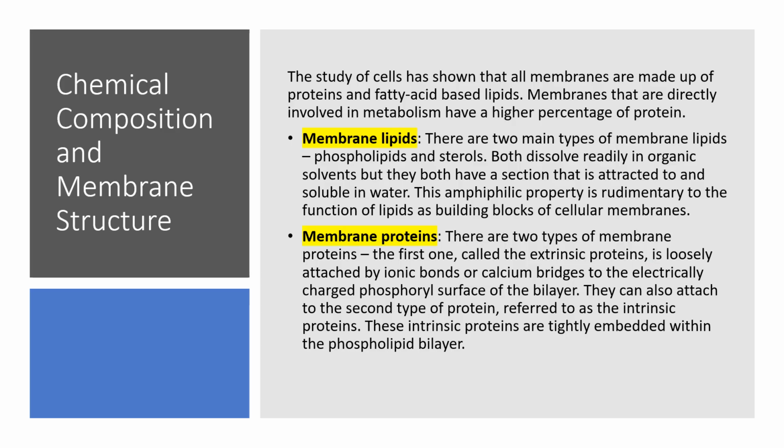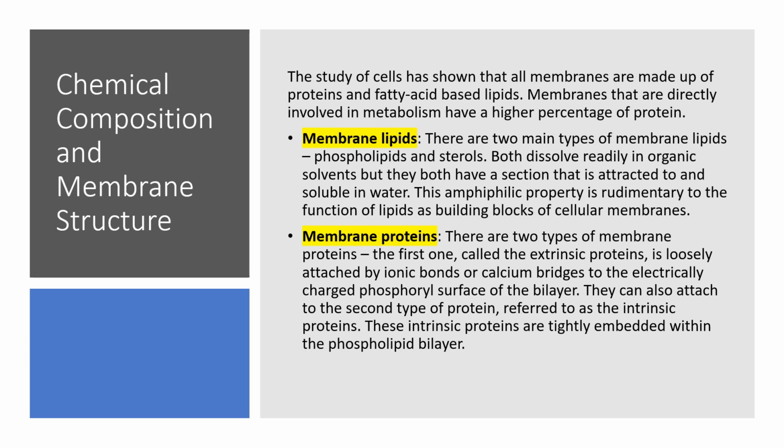Now let's look at the chemical composition and membrane structure. The study of cells has shown that all membranes are made up of proteins and fatty acid-based lipids. Membranes that are directly involved in metabolism have a higher percentage of protein. Membrane lipids are two main types: phospholipids and sterols.